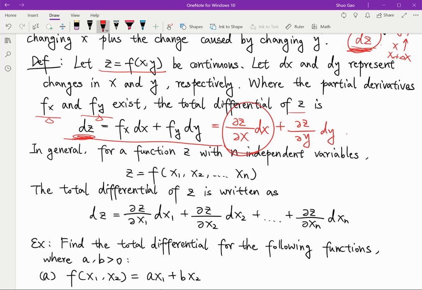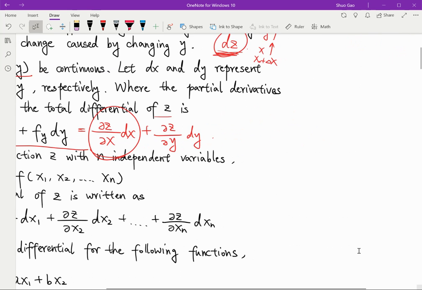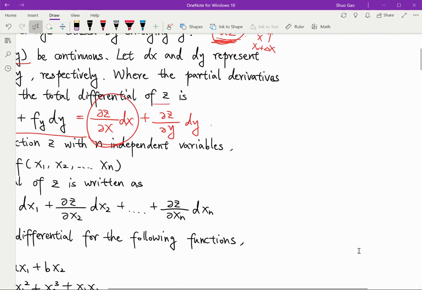This part is the change of z from the change of x. As I said, the partial derivative means the rate of change. Partial z over partial x means, given a small change of x and all the other variables staying the same, the change of z. This is the definition of partial derivative.